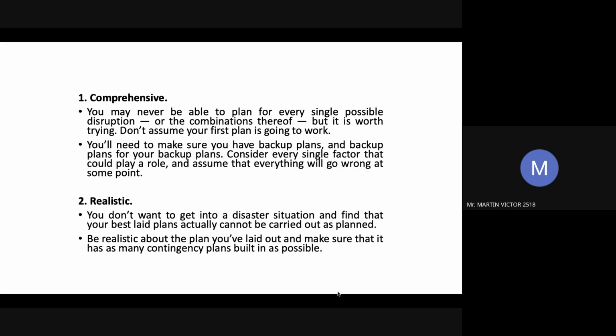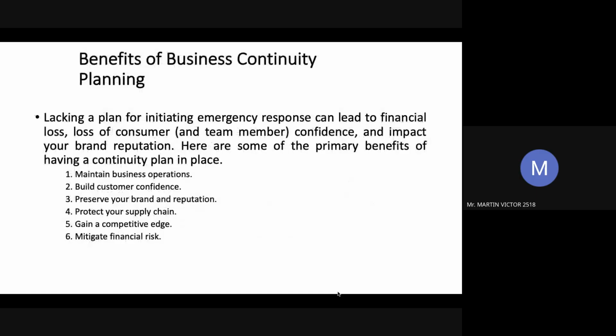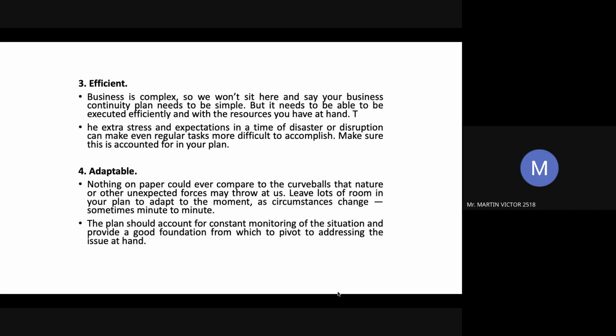Be realistic about the plan that we have laid out and make sure that it has as many contingency plans built in as possible. And then thirdly, it should be efficient, and then it should be adaptable.